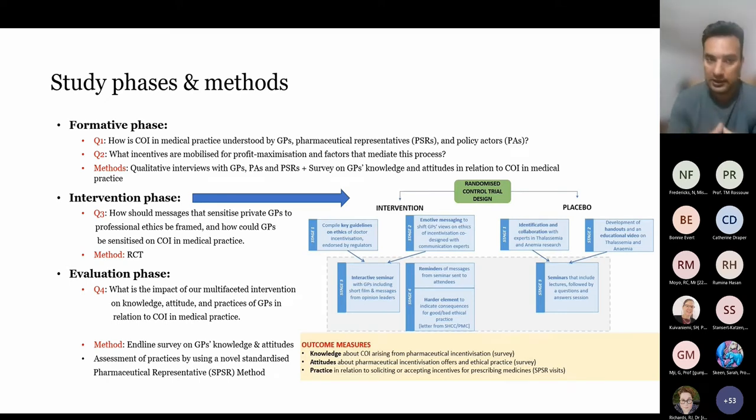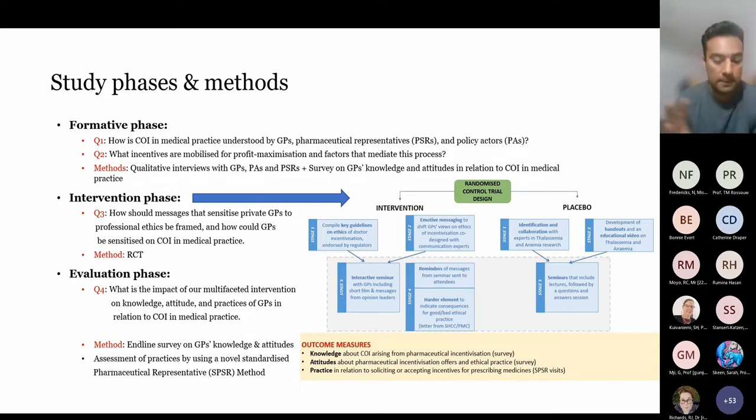So we have already conducted our intervention phase, and now we are in the process of evaluating the impact of the intervention, because we have 3 outcome measures, namely knowledge, attitude, and practices of GPs in relation to conflict of interest arising from pharmaceutical incentivization. And to assess this, we are conducting an online survey on GPs' knowledge and attitude.